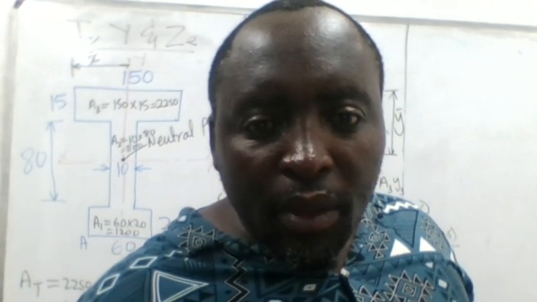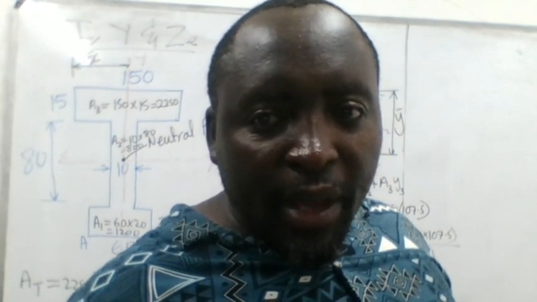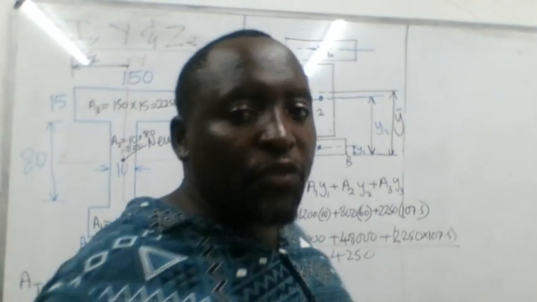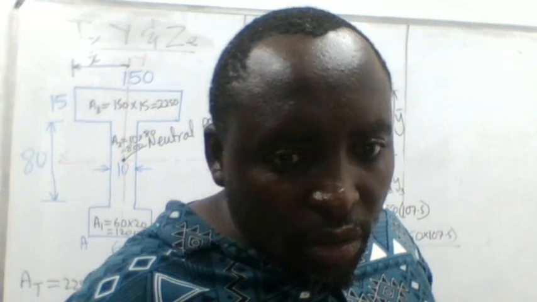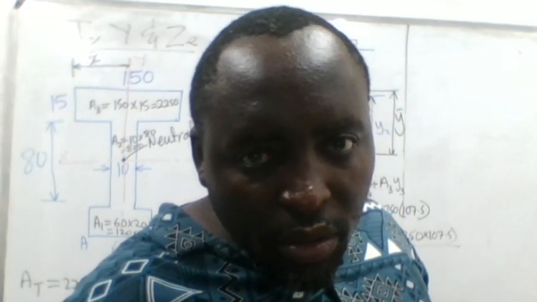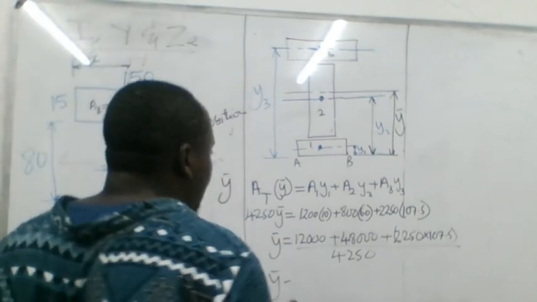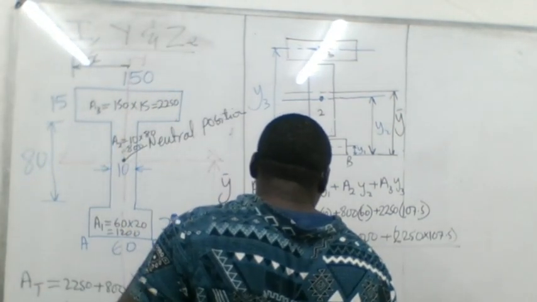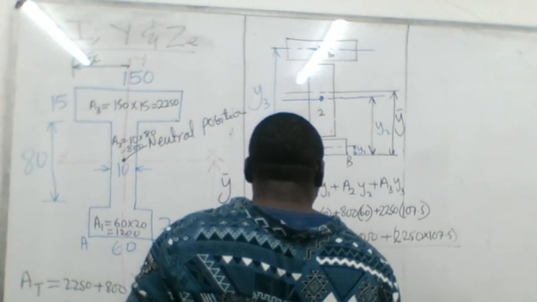Plus 6,000 equals, divide by 4250. Oh, 58.32 millimeters.